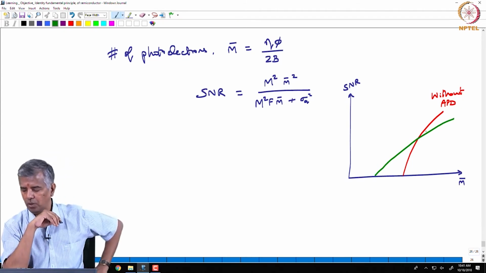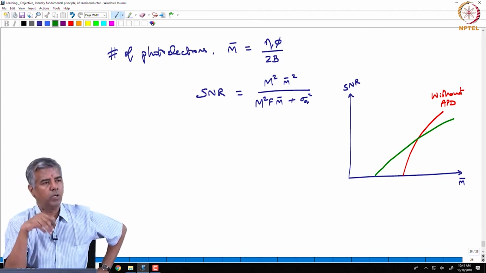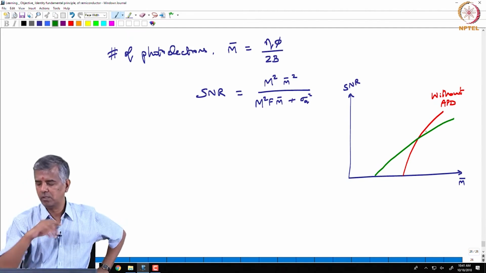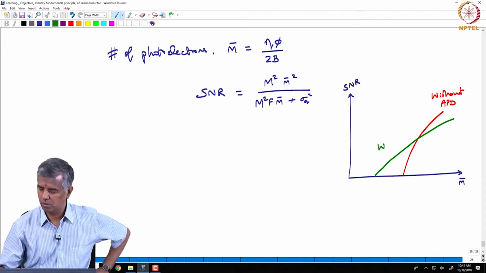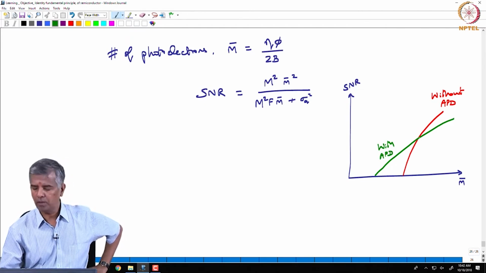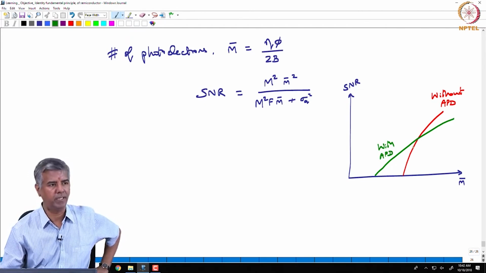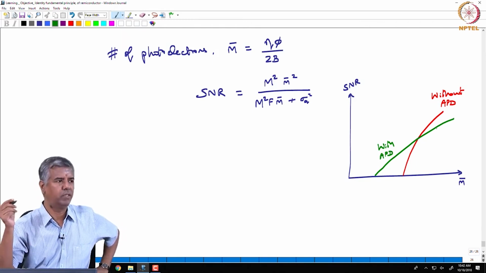So, when you have a low number of photoelectrons, it helps to use an APD, but beyond a certain point, right, the APD is going to actually give more noise.